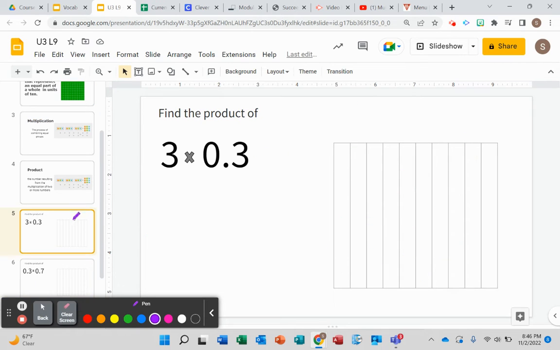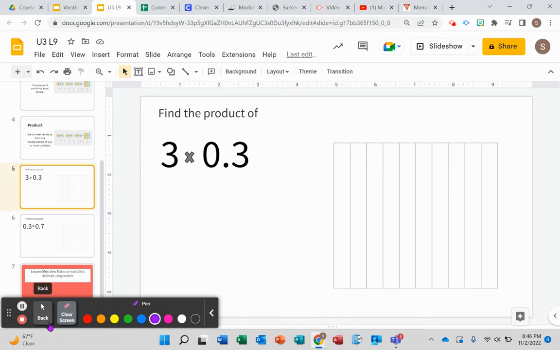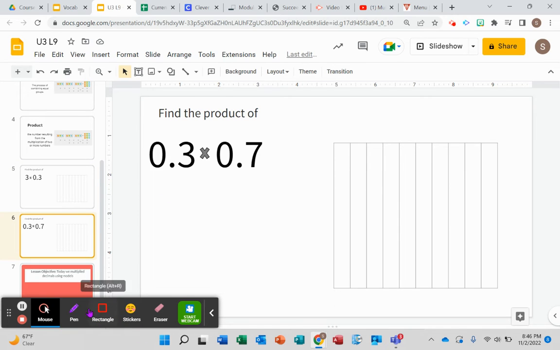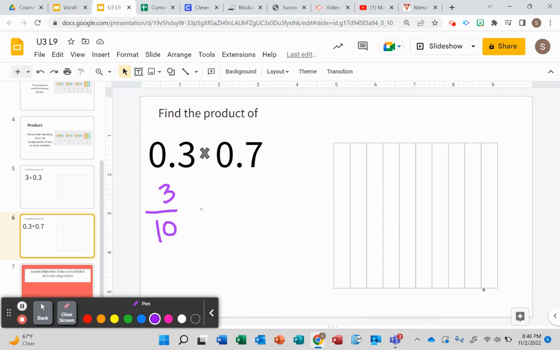So now the next problem that we have is we are going to multiply 3/10 times 7/10. What this is telling us, like we did in fractions, is we want to multiply 3/10, if we were to rewrite this as a fraction, times 7/10, right?